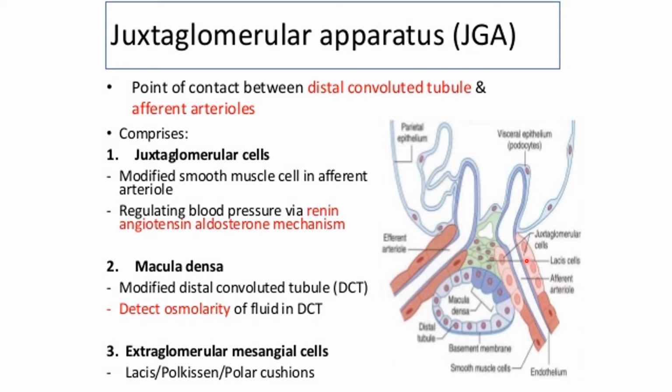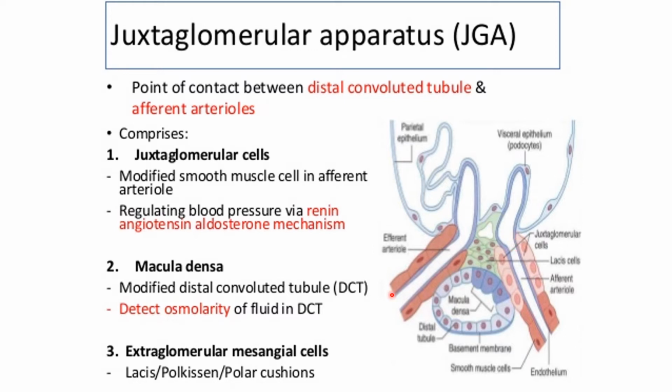In the efferent arterioles, there are modified smooth muscles, and these modified smooth muscles are named juxtaglomerular cells. They produce a substance known as renin. It controls or regulates your blood pressure via a system known as the renin-aldosterone system.